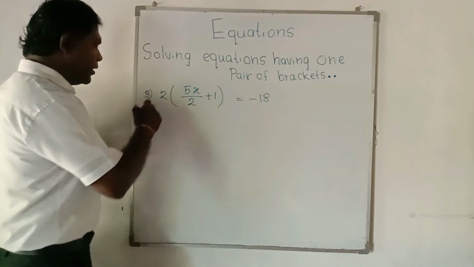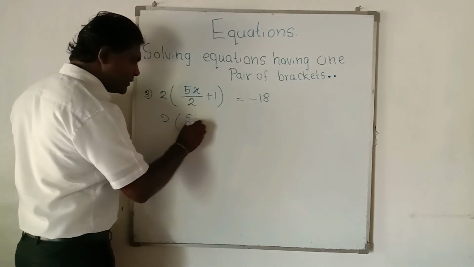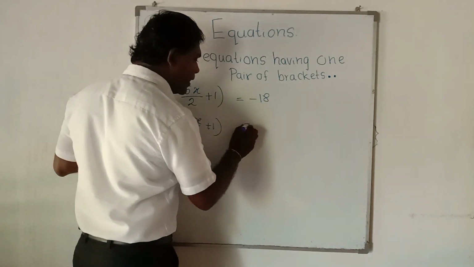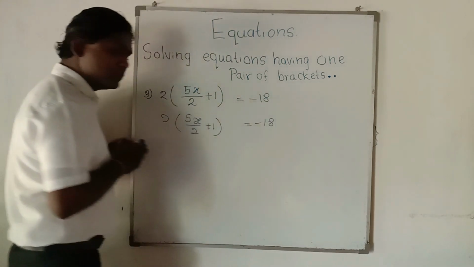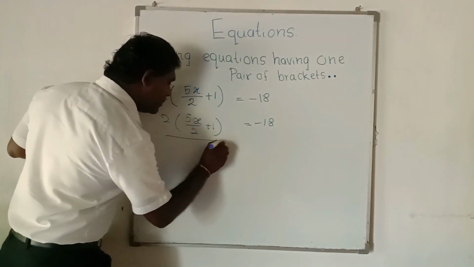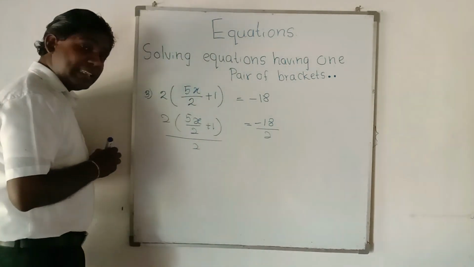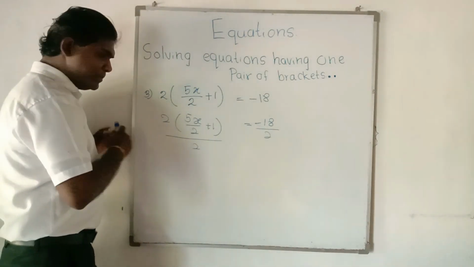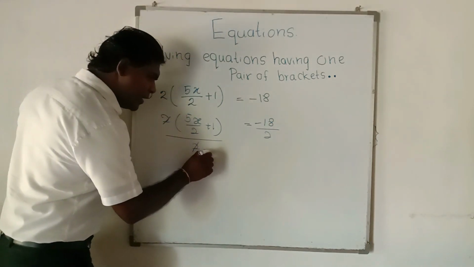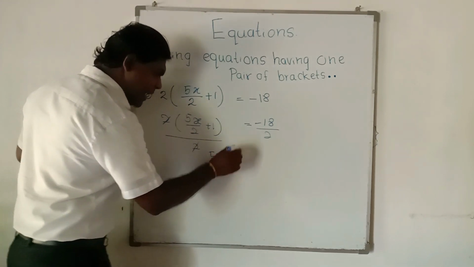Okay, here (5x/2 + 1) equals minus 18. Divide both sides by 2. The opposite operation is division. This 2 and this 2 cancel, remaining 5x/2 + 1.